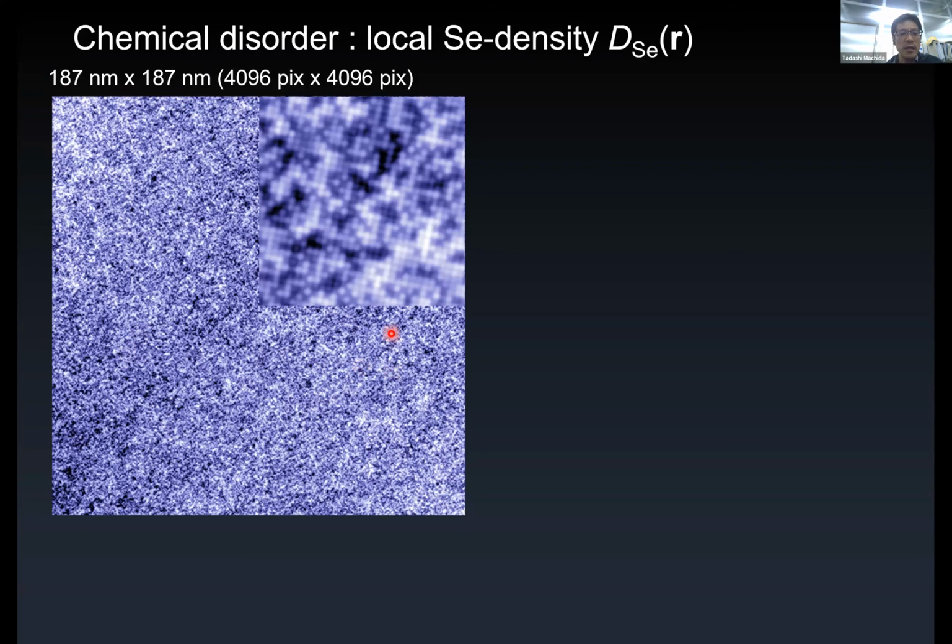If we magnify one very small area, we can see the square lattice structure composed of the topmost chalcogen atoms. In this case, the atoms are selenium or tellurium. The ionic radius of selenium is smaller than that of tellurium. Therefore, we can identify the locations of selenium and tellurium as shown here by using this topographic information.